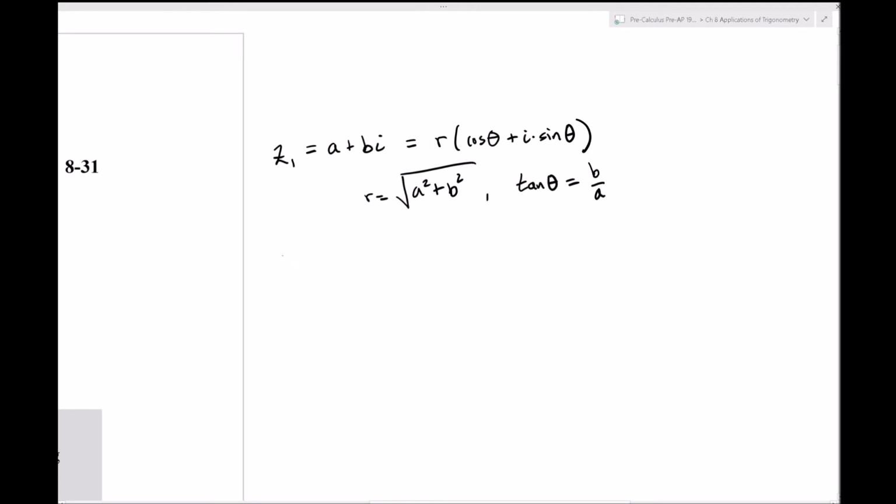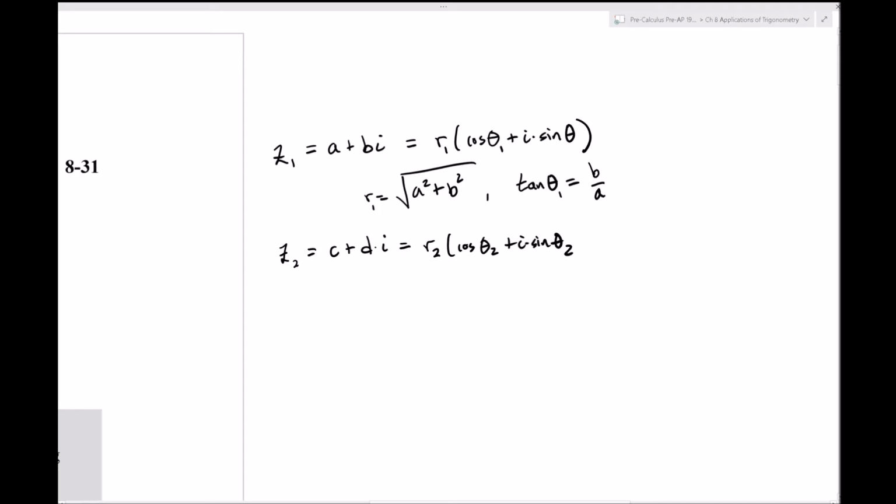We're also going to consider a second complex number. We can call that C plus D times I, which I put a little multiplication sign in between them. I didn't do that for BI, so you just multiply B and I. So in this case, D and I. So this would also equal R1, theta 1, which is also equal to R2 cosine theta 2 plus I times sine theta 2.